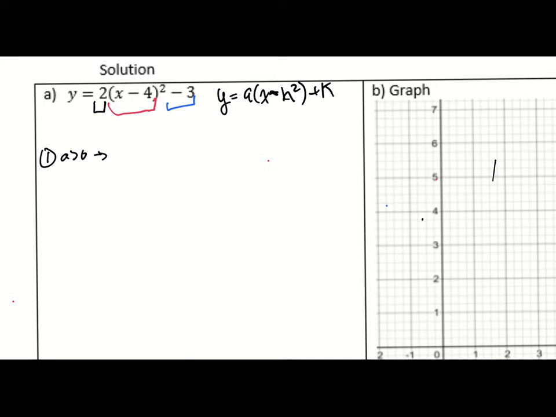So that means this is a vertical stretch. And it's a stretch of factor 2.